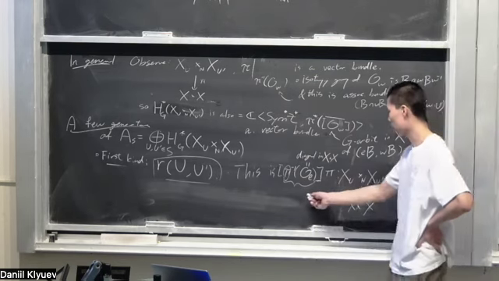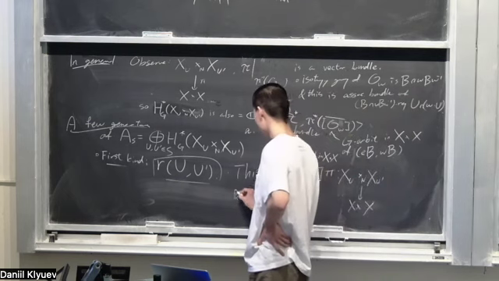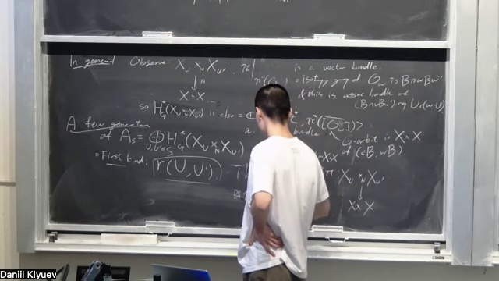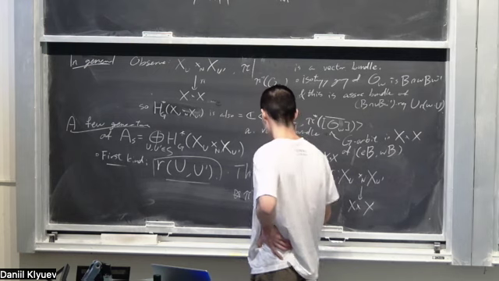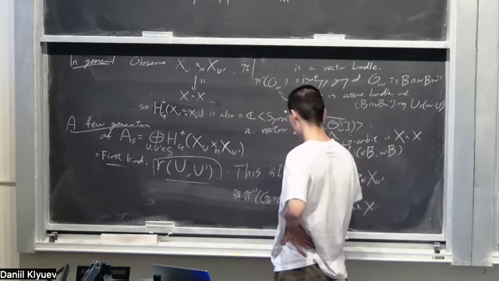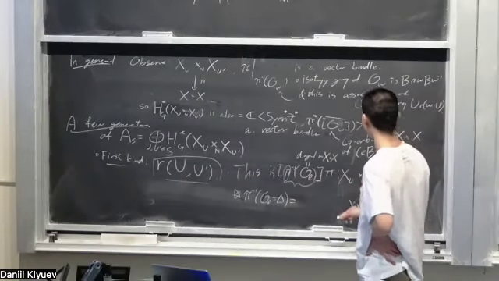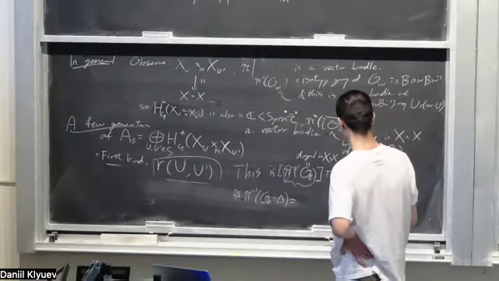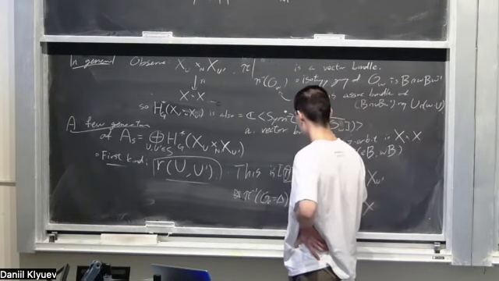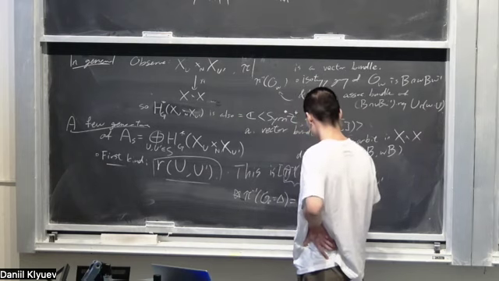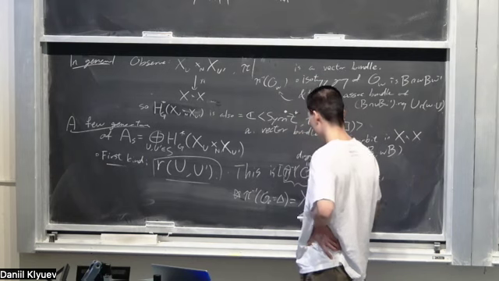Okay, so also, pi inverse of this OE, which is the diagonal, is also equal, by what I wrote up here, to just the associated bundle of U intersect U prime over the flag.